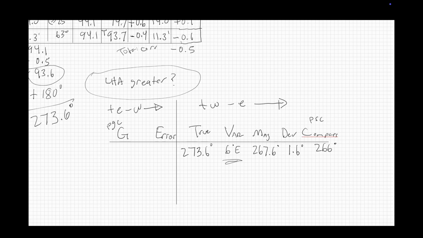How do I know if it's east or west? Well, we went from here to here, and we had to subtract it, so that made this a negative. But we don't put a negative number there. We just put a sign of east. So 1.6 degrees east is our deviation.